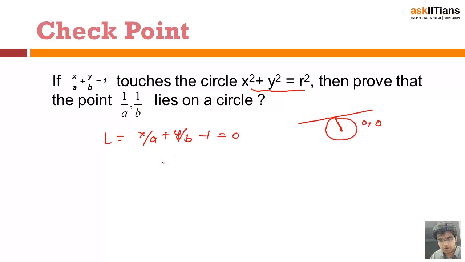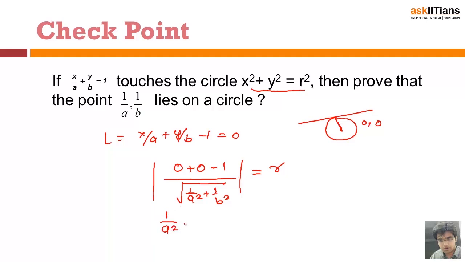If I drop a perpendicular from the origin, then this will become mod of 0 plus 0 minus 1 divided by root of 1 upon a square plus 1 upon b square is equal to r. If I square and do the rearrangement, I will get 1 upon a square plus 1 upon b square is equal to 1 upon r square.